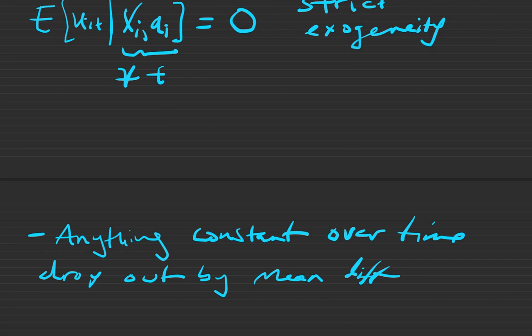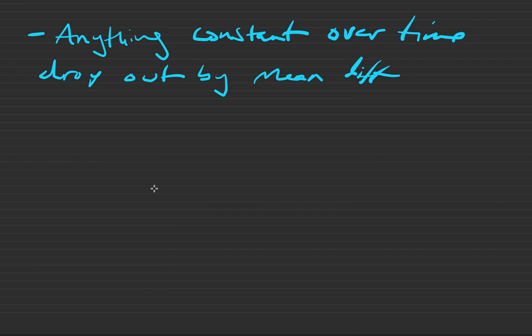All right, let's think about some more nuances of fixed effects. We lose 1 degree of freedom by mean differencing.